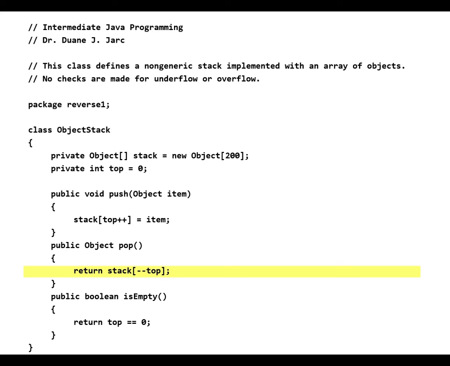As before, for simplicity, no check is made to prevent a subscript out of bounds should the stack be empty before the call. We have also included a method to check whether the stack is empty so clients can prevent the possibility of a stack underflow. As mentioned when we described the initialization of top, top being 0 signifies that the stack is empty.